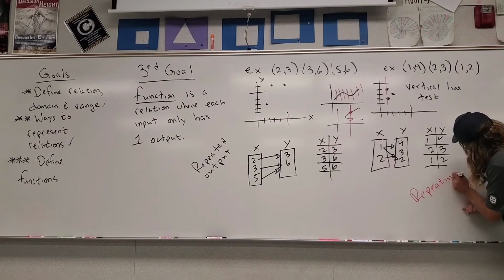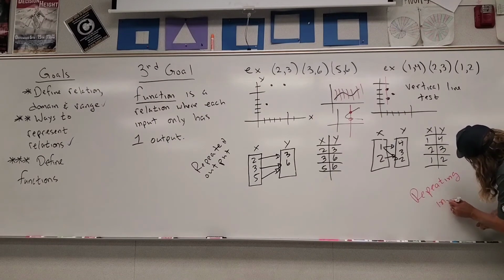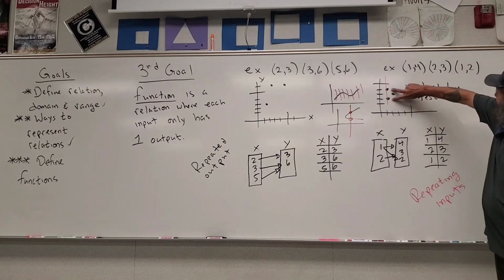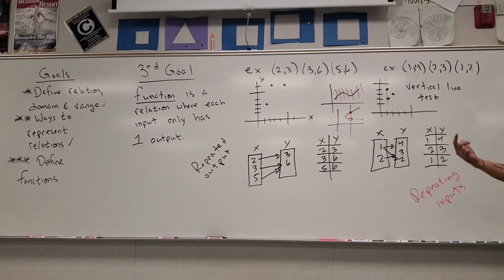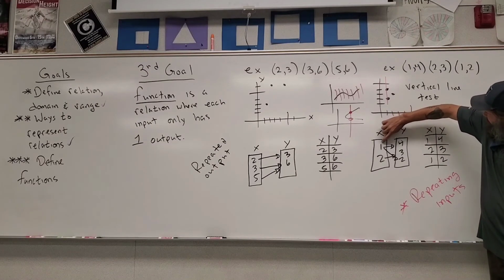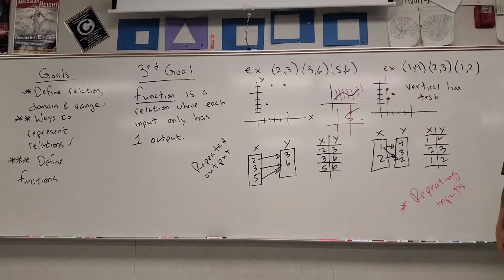So repeating inputs are bad. That means that your relation is not a function. If you can draw a vertical line through more than one point, it's not a function because it fails the vertical line test. But again, the vertical line test shows repeating inputs. If I have a mapping diagram and two arrows are coming from an input value, it's not a function.